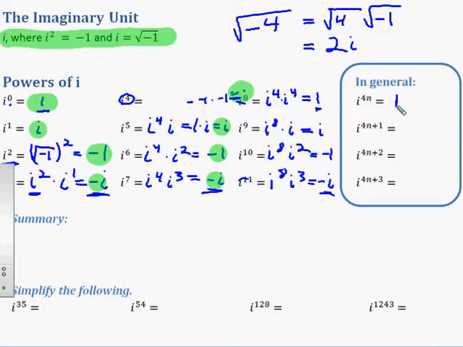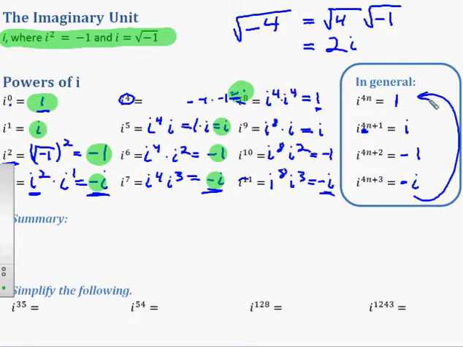Anytime it's 1 more than a multiple of 4, it is I. Anytime it's 2 more than a multiple of 4, so 2, 6, 10, the next one would be 14, you're going to get -1. And anytime you're 3 more than a multiple of 4, you're going to get -I, and then it would repeat, and it just keeps repeating.